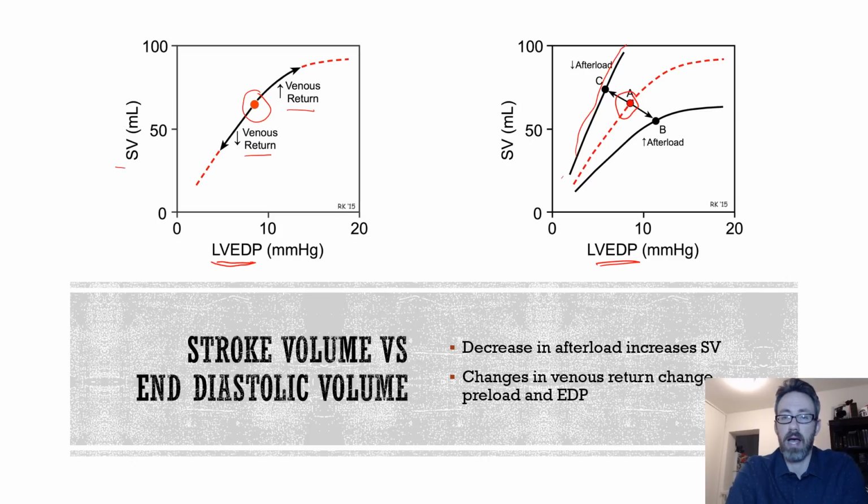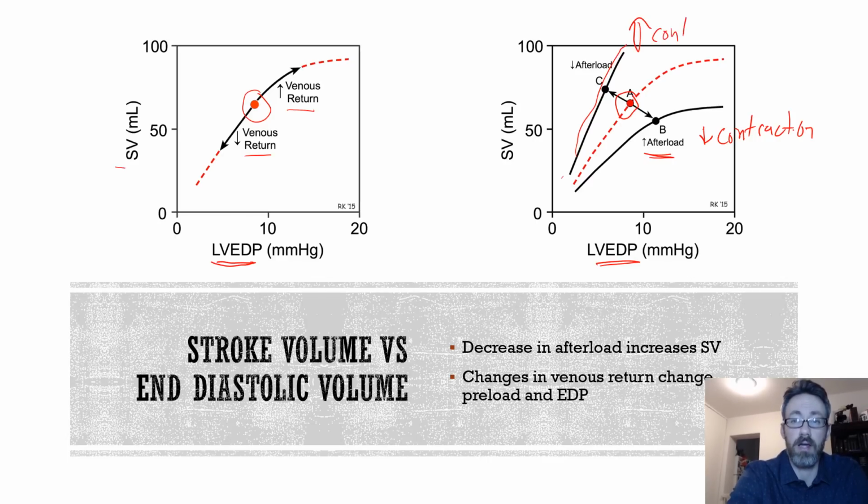And over here, if there's an increase in the afterload, that would hinder our ability to eject volume, so the stroke volume would go down. Now, these same lines could be an increased afterload or a decrease in contractility. I just put contraction there, but you understand. And then over here, this would be an increase in contractility. So those are associated in that regard.